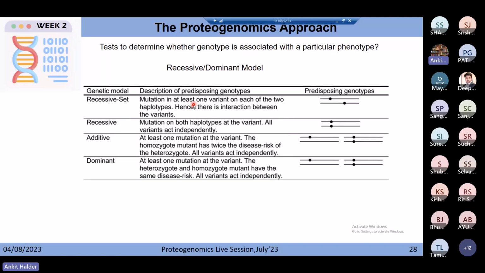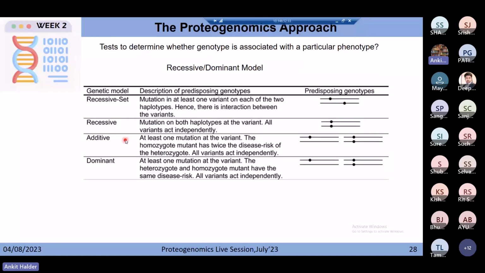But in this recessive set, according to this model, if it happens in any one haplotype, it will interact and influence the other one, and the disease will be associated. Another is your recessive model, that is, mutation on both the haplotypes, and all the variants act independently.